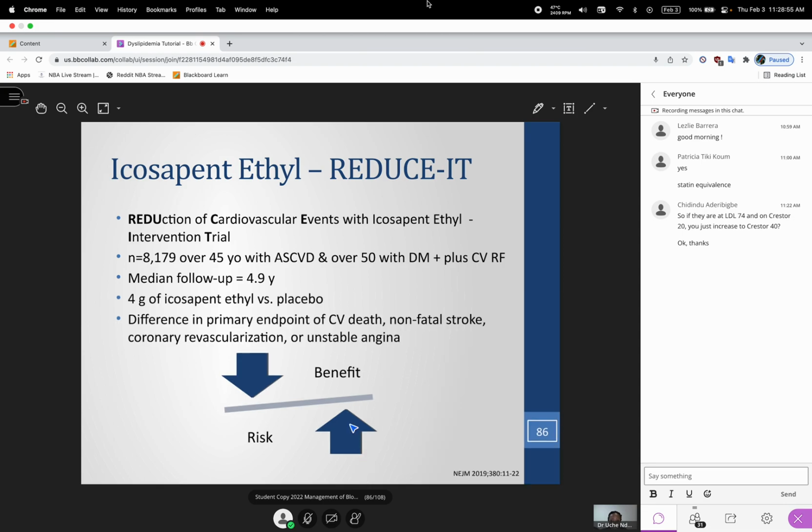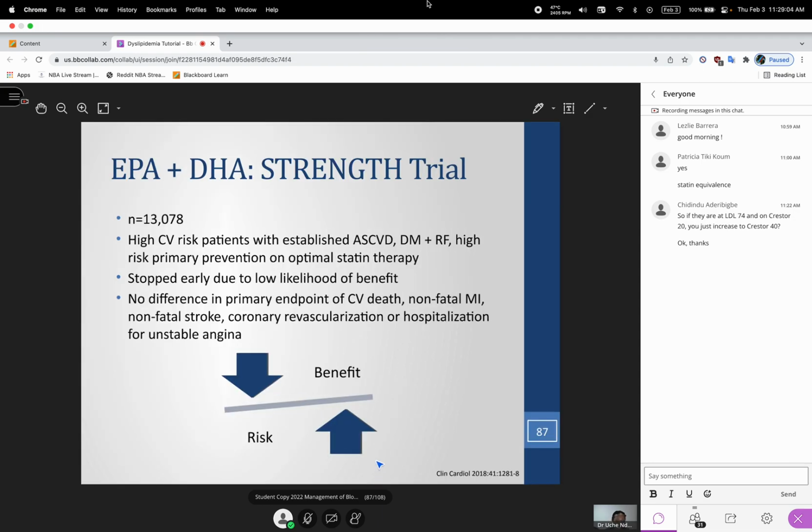We used to think it was Lovaza, but it's Vascepa. And it did save lives, but these patients had to take 4 grams of it. So if a patient needs their triglycerides reduced because they are over 500, you can consider fenofibrate or Vascepa specifically, okay?